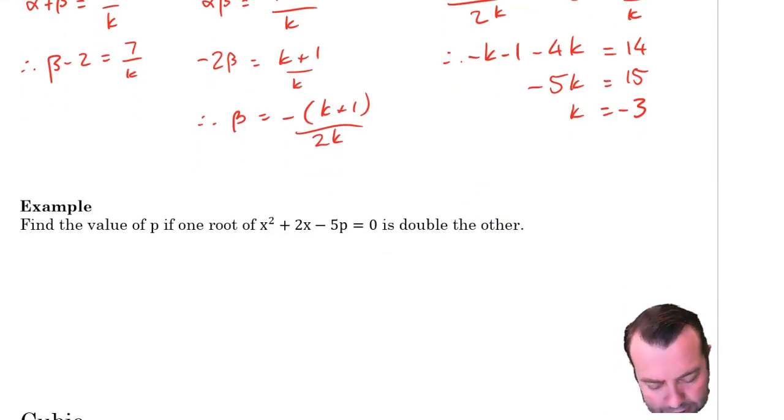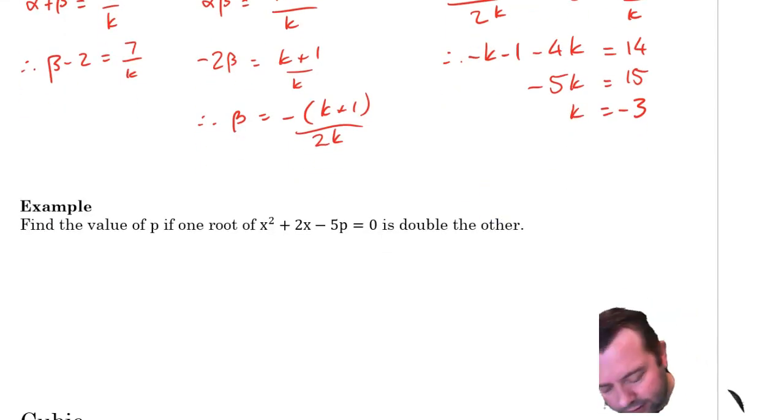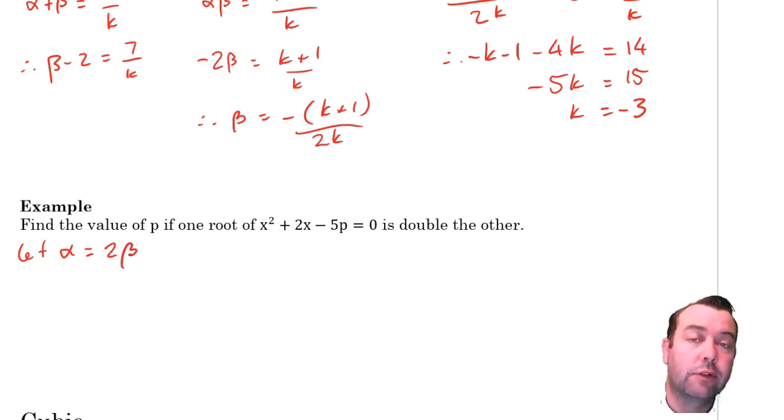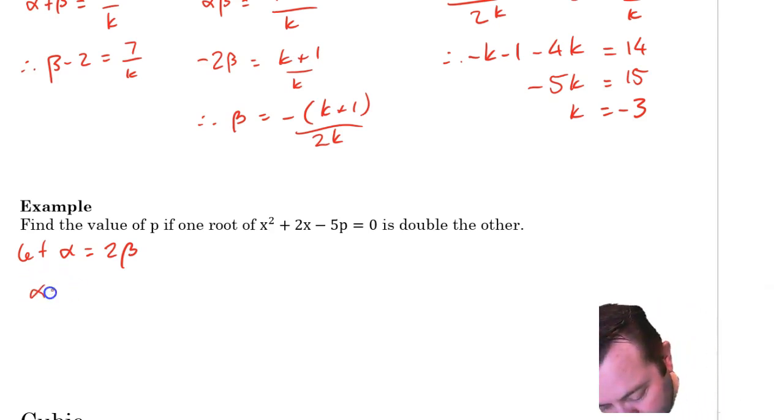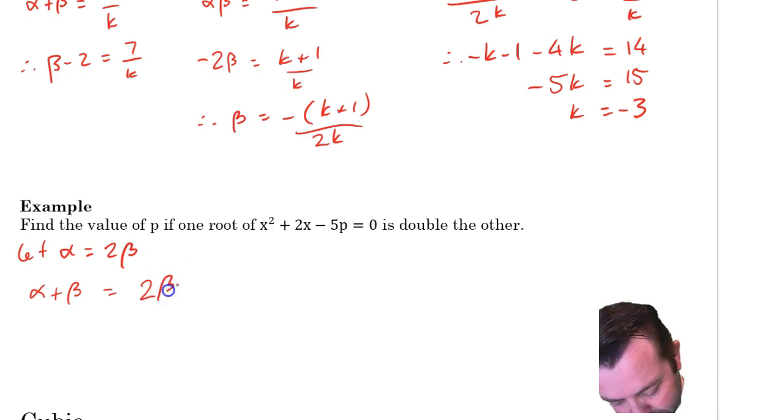Find the value of p if one root is double the other. Well, I'm going to say let alpha equal 2 beta. The roots are alpha and beta, and alpha is twice as big as beta. So now we know that alpha plus beta is going to equal 2 beta plus beta, which equals 3 beta.